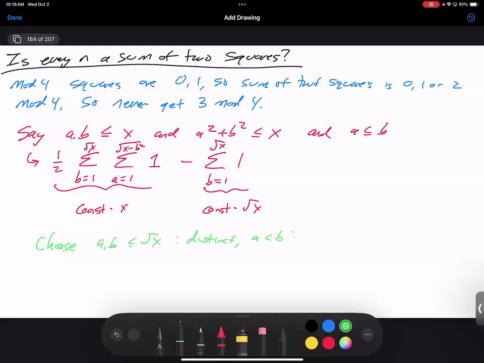So how many ways can I choose two numbers at most x that are distinct with a less than b? So this is a problem you know. I'm just asking you maybe in a way that's not resonating. This is something you've seen in probability or combinatorics. It's just square root of x choose 2. And now we want to choose a equals b less than square root of x. How many ways are there to do that?